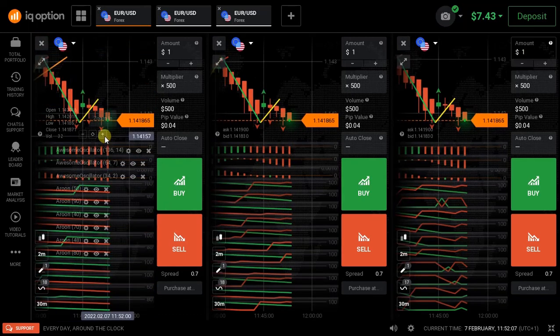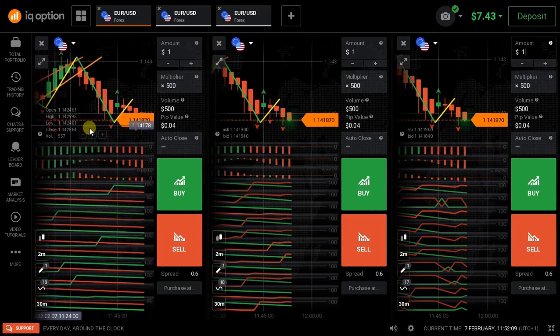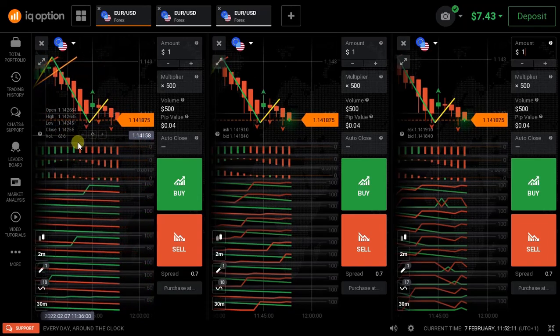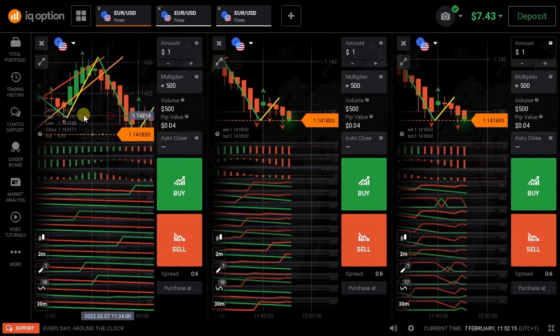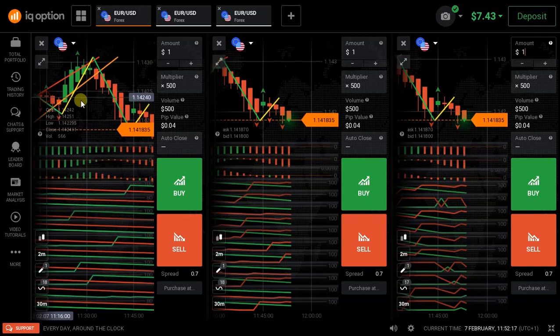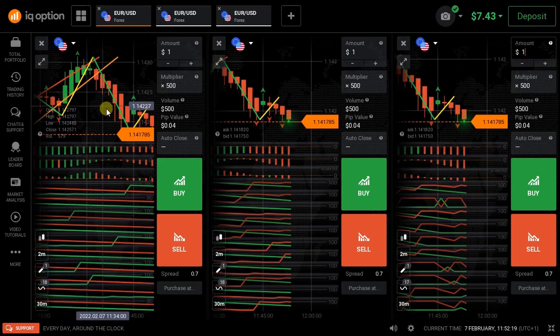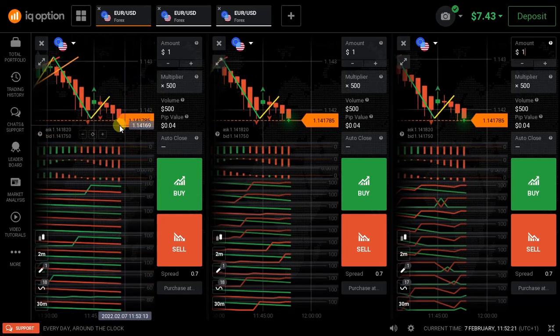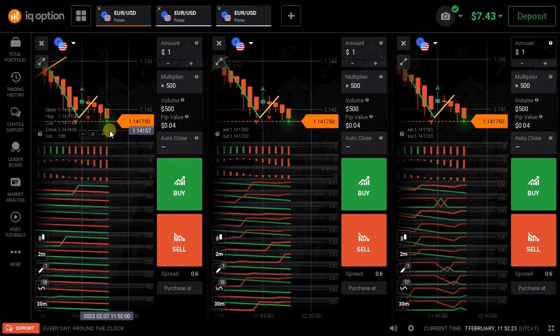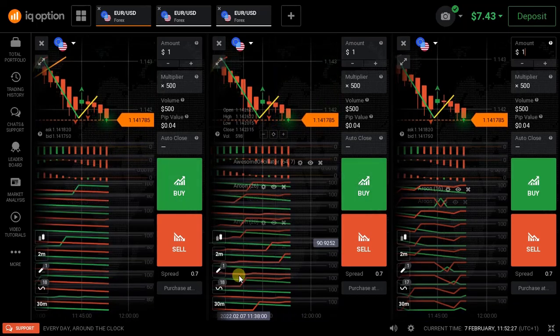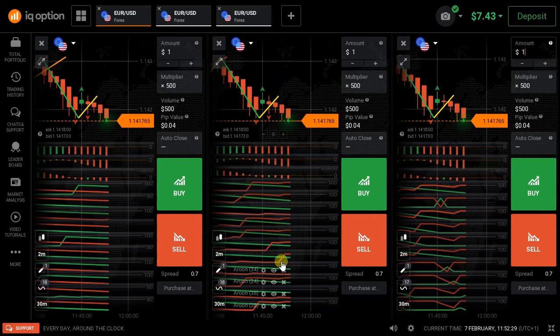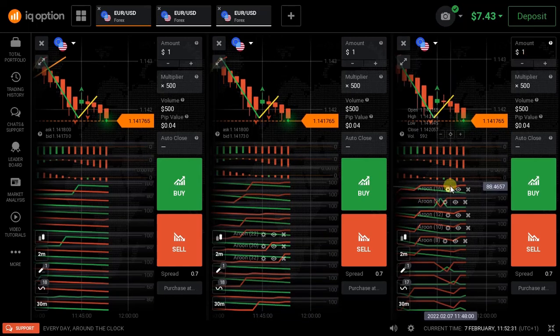This was actually the best time to enter, because the upward trend had ended, and we entered a very good downtrend that is still on. So you can see that all these guys are supporting each other, and they must cross.